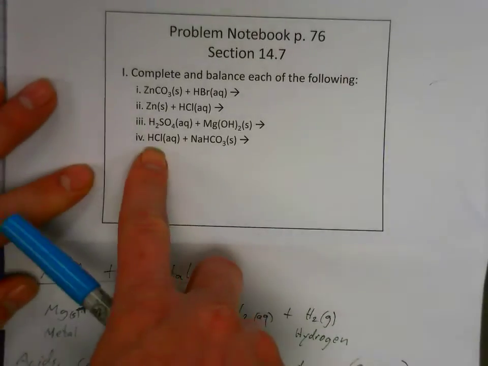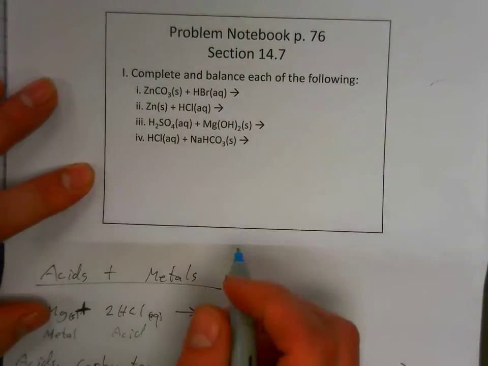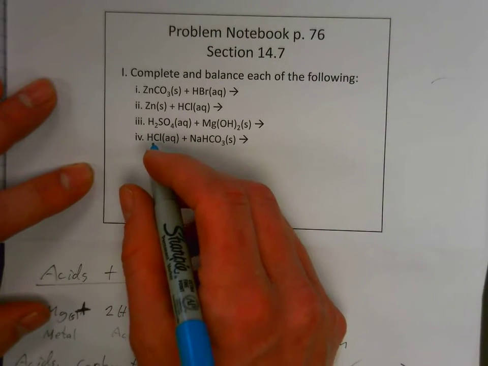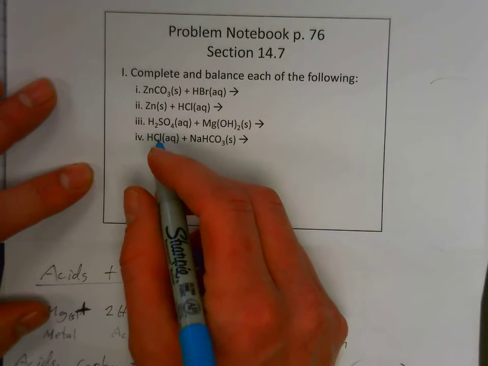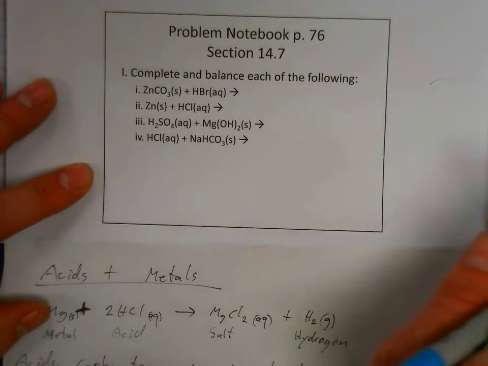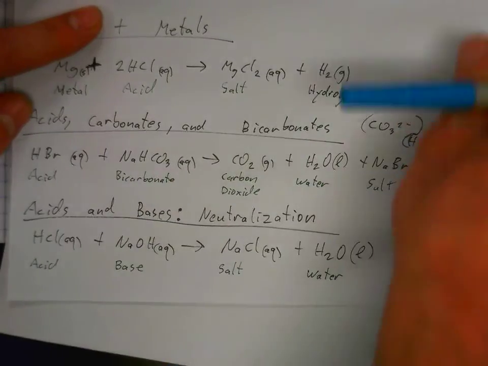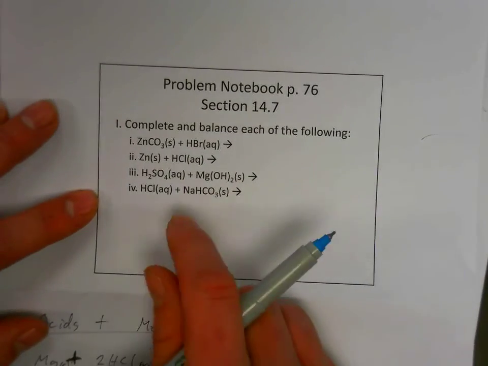Let's say we have HCl and NaHCO3. I'll just do this one on here. So we have an acid and a carbonate. So here we have the acid and carbonate characteristic reaction.